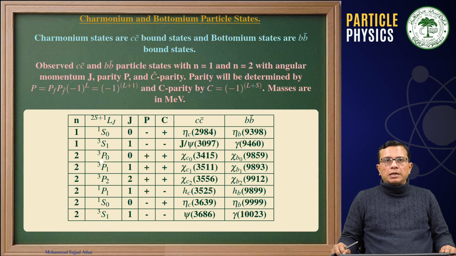Yesterday we were discussing the charmonium and bottomonium states, and we discussed that these are cc̄ and bb̄ quark anti-quark states.